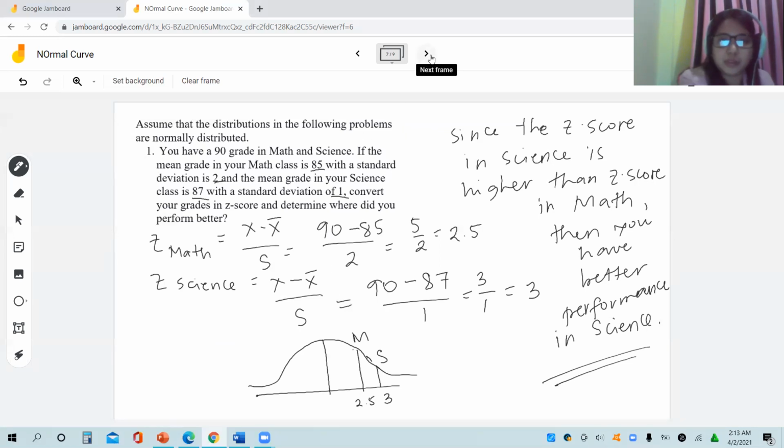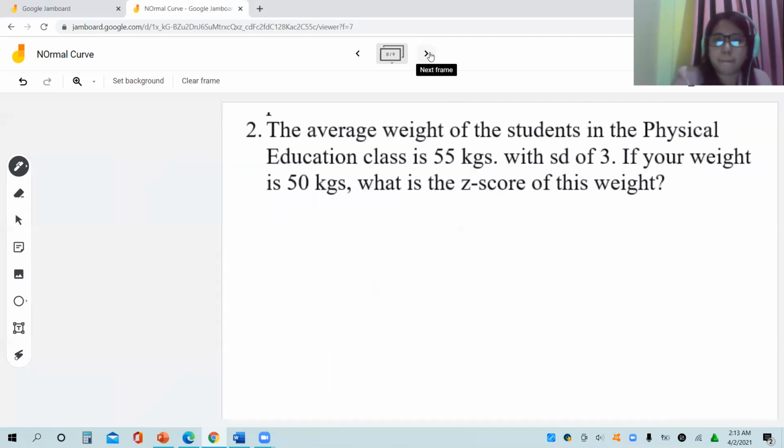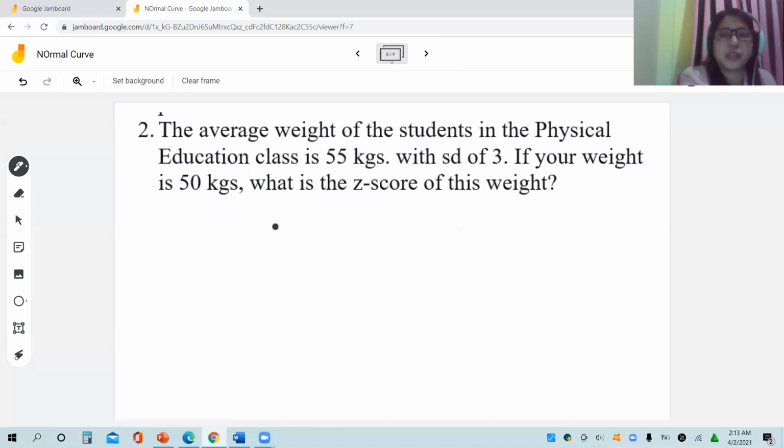Okay, let us move to the next. Next problem. The average weight of the students in the physical education class is 55 kilograms with a standard deviation of 3. If your weight is 50 kilograms, what is the z-score of this weight? We are simply tasked to convert weight into z-score. So z is equal to, again, x minus the mean all over the standard deviation.